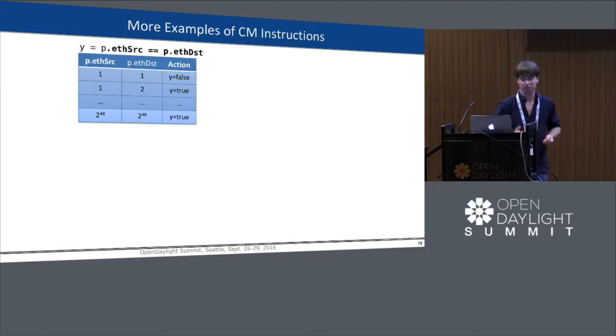Take the Boolean expression packet.source equals packet.destination. The naive way of doing this would be to list all 2 to the 48 times 2 to the 48 different variables. The obvious problem with this instruction is that there are not enough atoms in the universe to represent this particular pipeline.